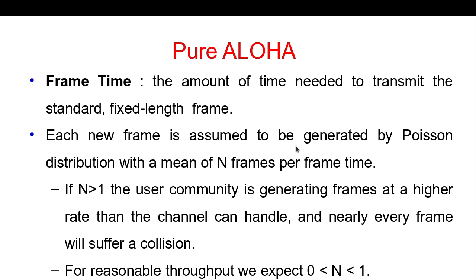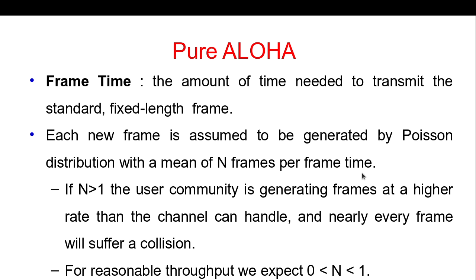If you consider the events occurring as the number of frames being generated, they are also independent of each other and are being generated at completely random times. That's why this system is modeled by a Poisson distribution, where n is the mean number of frames per frame time.